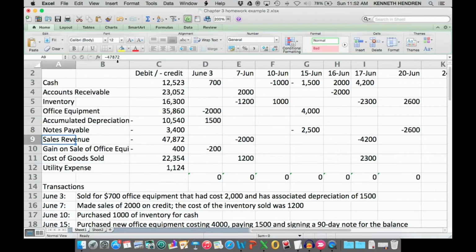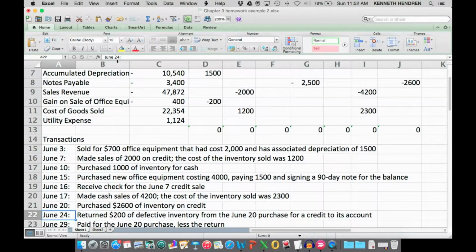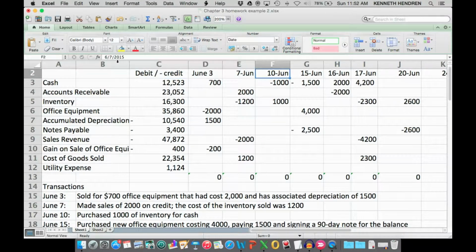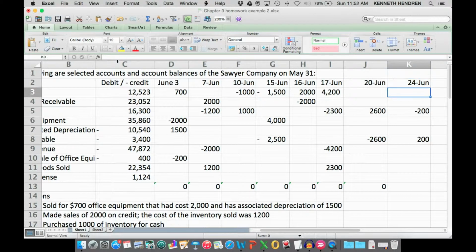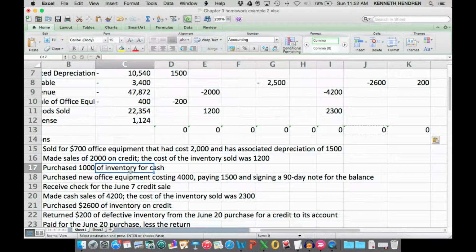Did that happen on the 24th? Let's see. Yep, returned $200 of inventory from the June 20th purchase. So we took the inventory out of inventory because we returned it, and then we don't owe as much on credit. And we're in balance.